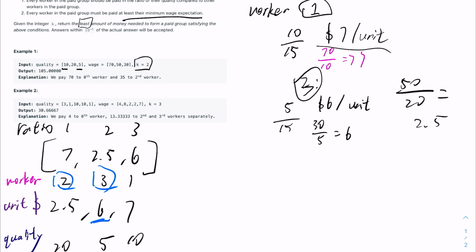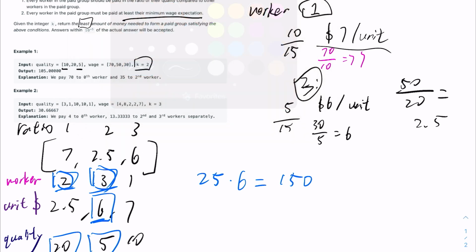So for workers 2 and 3, we know that we need to pay everyone at least a unit price of 6, and because they have a total quality of 25, 25 times the unit price of 6 will give us 150.